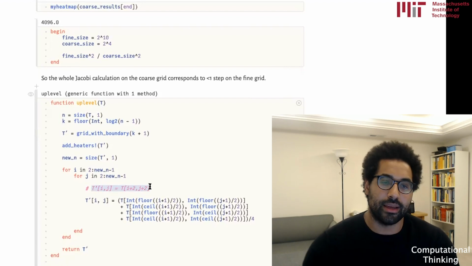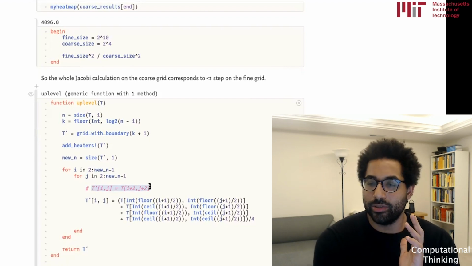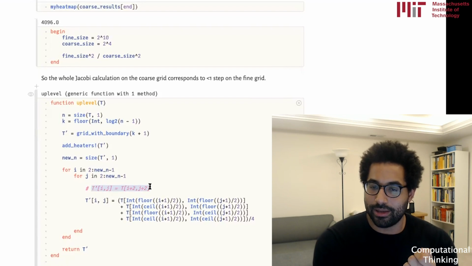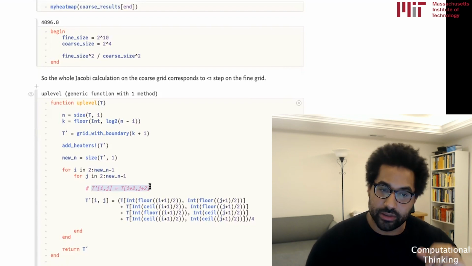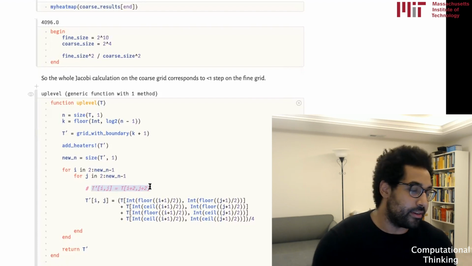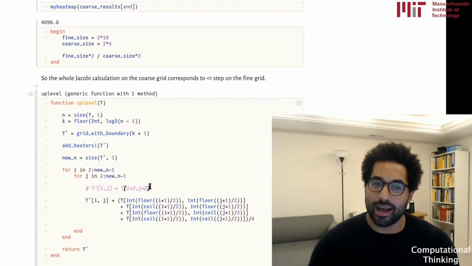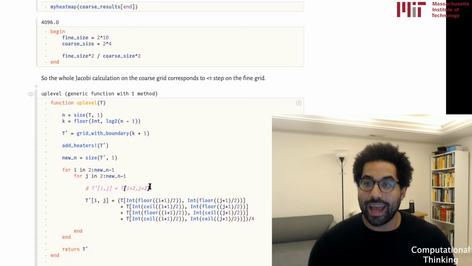I chose something a little more complicated: for every fine point, I take the average of 4 coarse points nearby it, using floors and ceilings. But even using the simple concept, you can see we get a natural approximation on the fine grid.